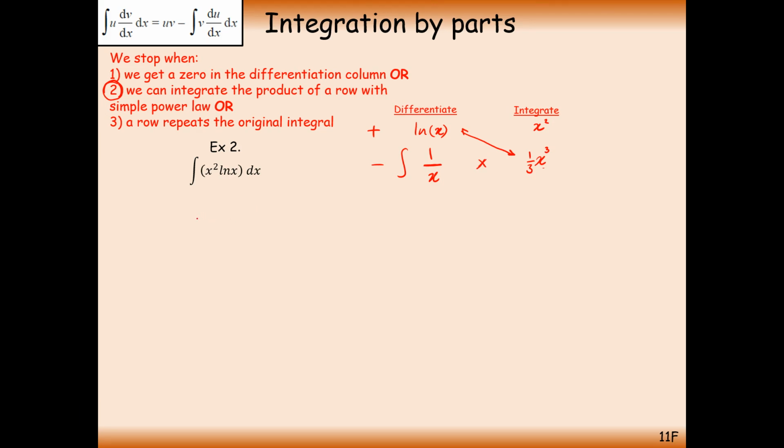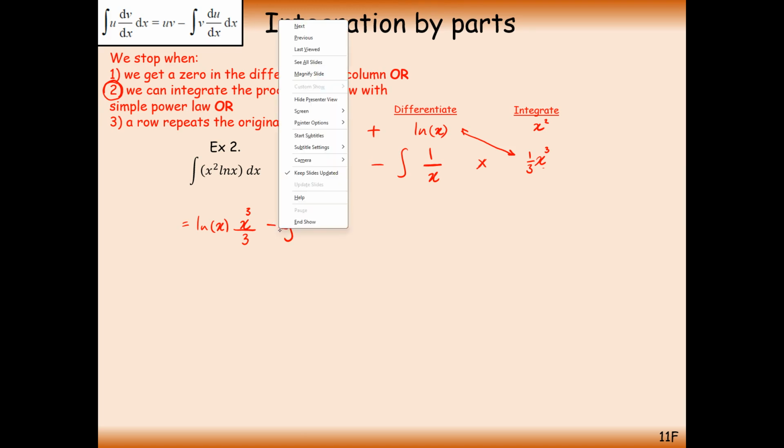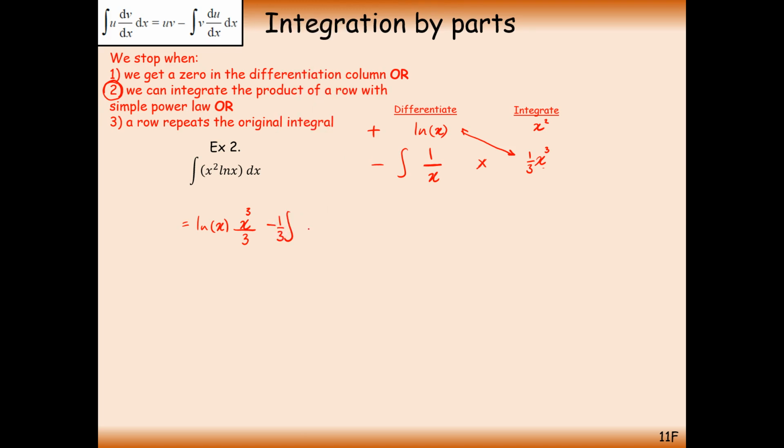Therefore, the answer is log of x multiplied by a third of x to the power 3, minus the integral of x cubed multiplied by 1 over x. I'm going to put the 1/3 in front of the integral, and write simply x squared because the product of x cubed with 1 over x is x squared. And I'm going to put a dx here.